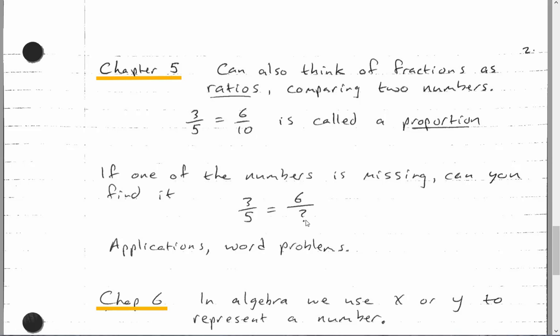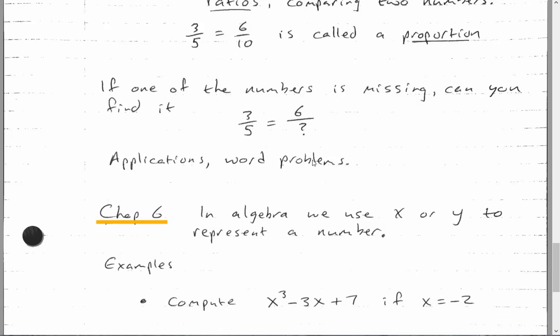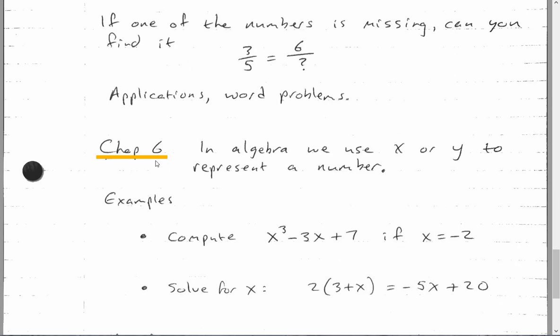And that has all kinds of applications we'll look at in chapter 5, so percent problems, word problems. And this is our first example of an equation, solving an equation, finding the missing number. We get into that more in chapter 6.